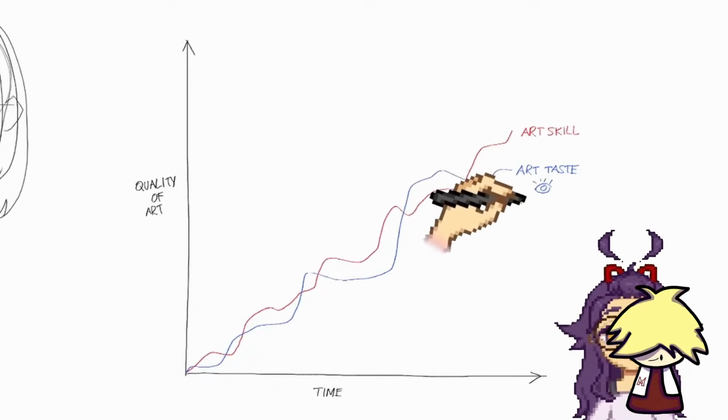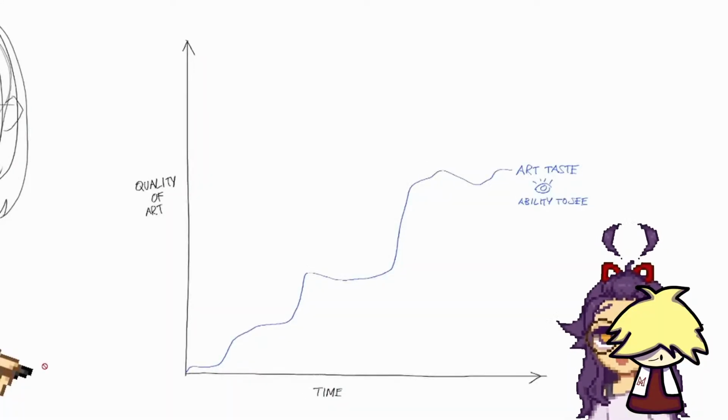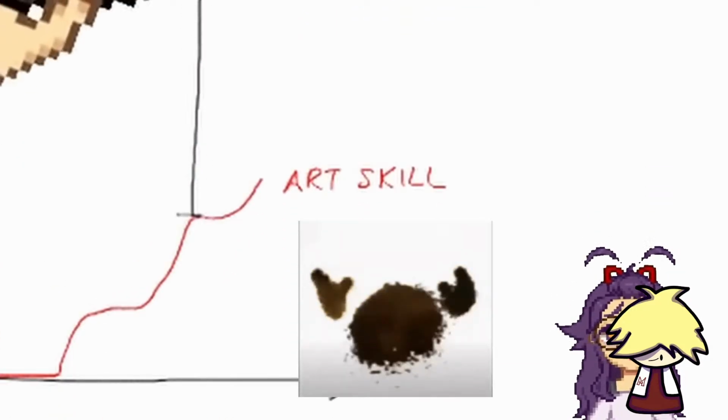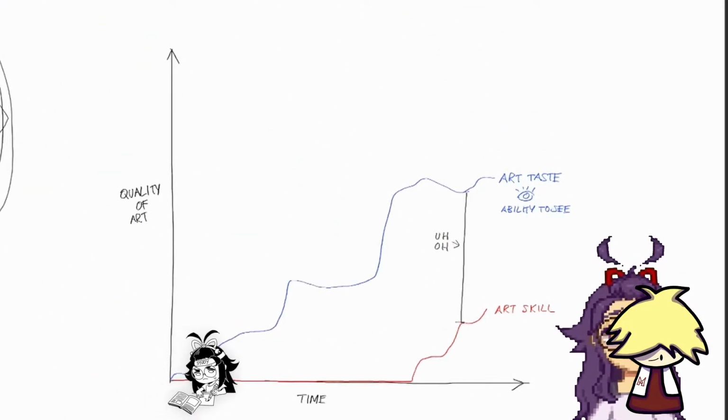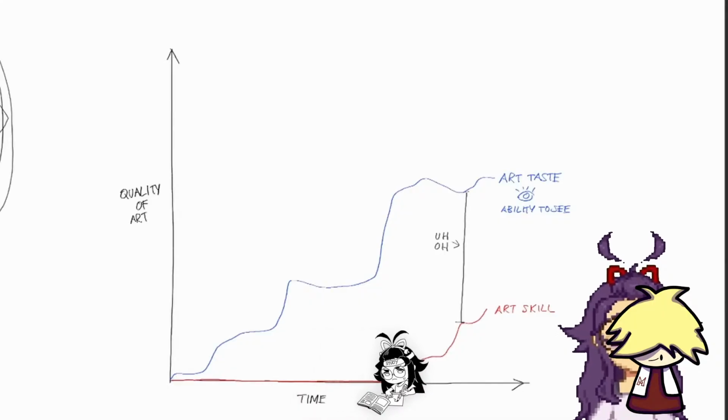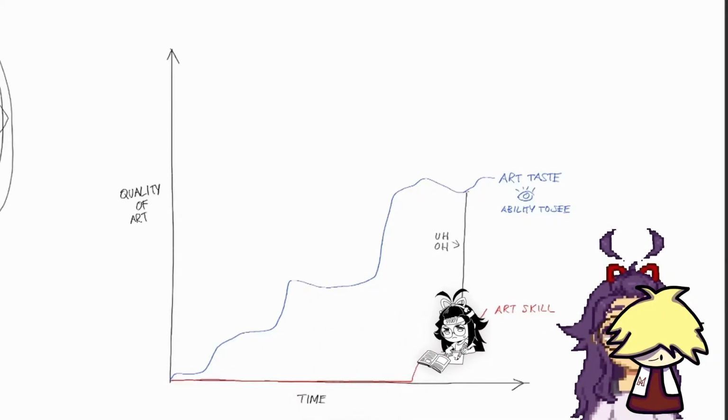It also gets better as you consume media. Movies, art, anything. Which means that if you're starting as an adult, your ability to see art is already all the way up here. And if you just started drawing, your ability to draw is down here. This means that it'll take time for your art ability to catch up to your good taste. You'll be stuck making art that you don't like for a while.